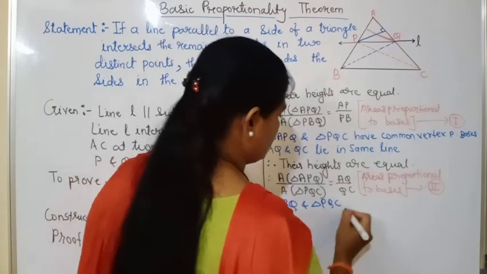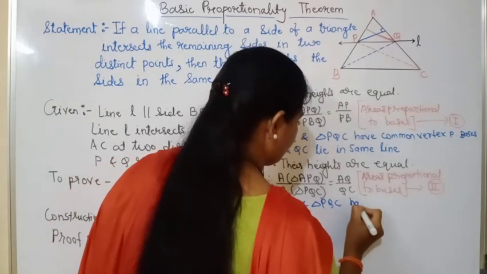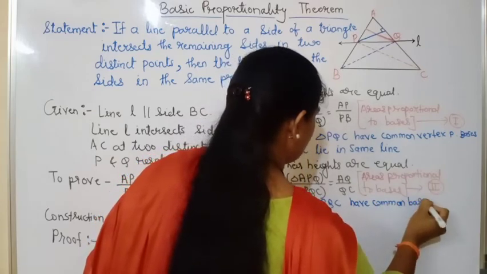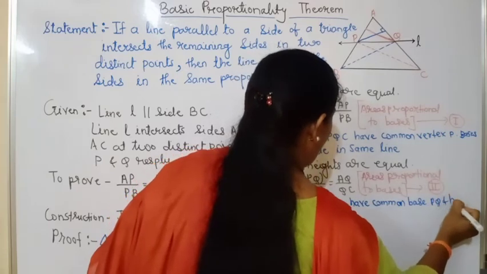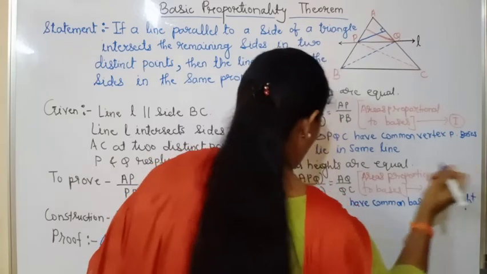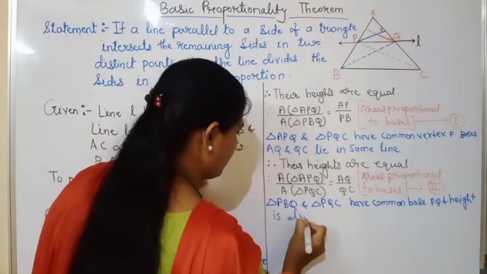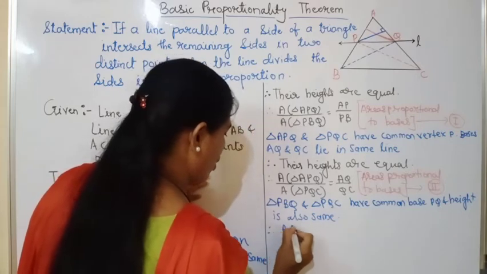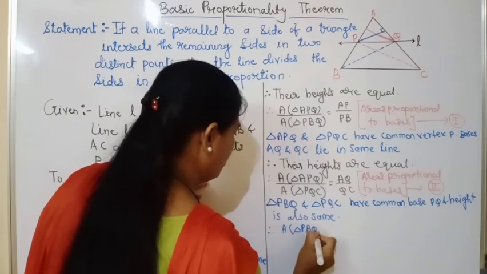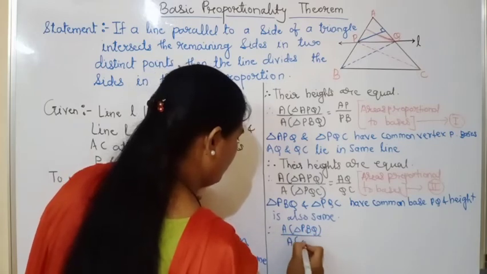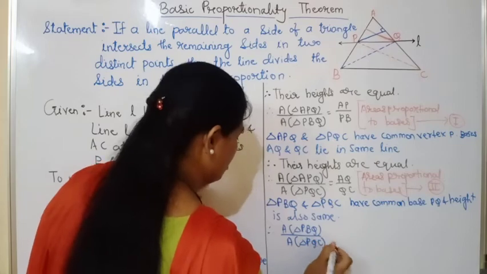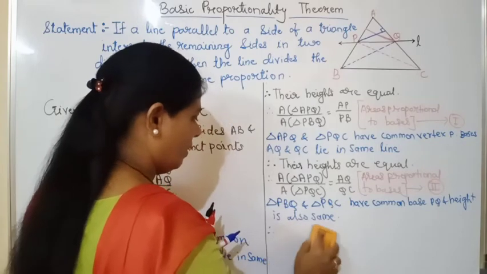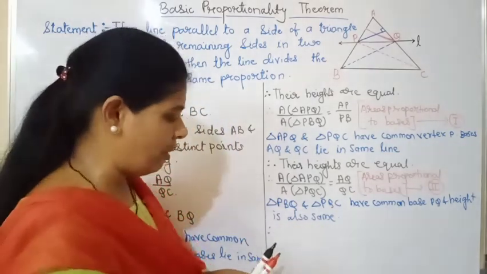In these two triangles we see that they have common base PQ, and the height is also the same.